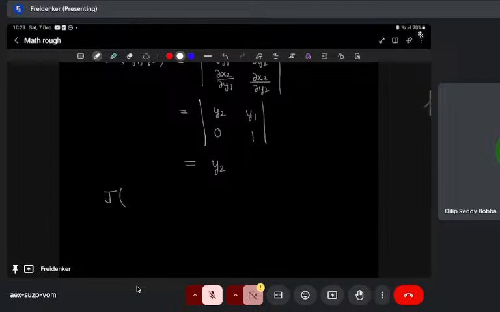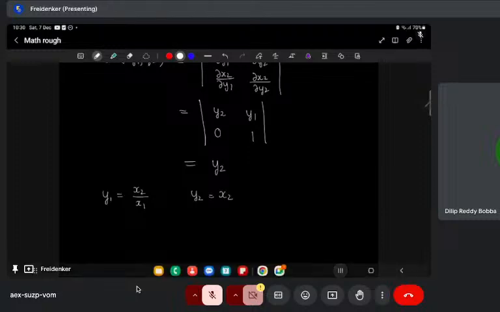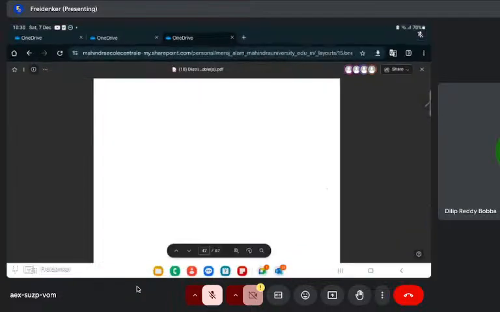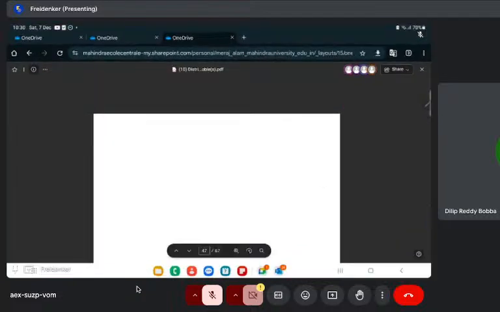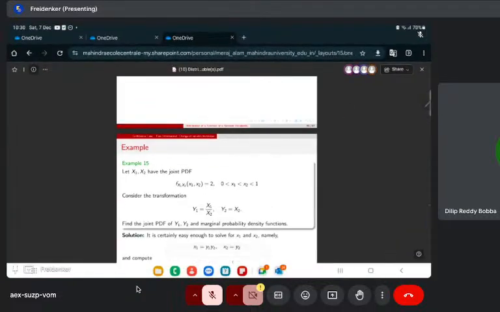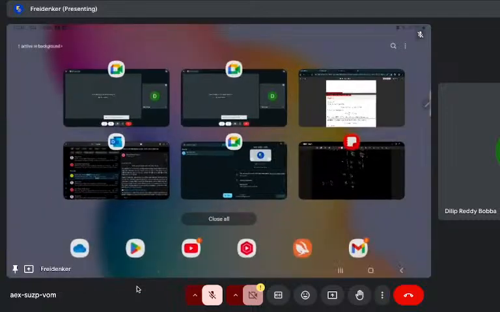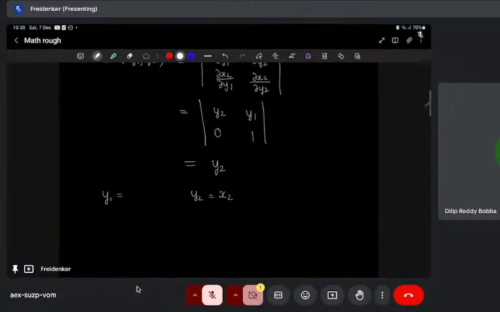So okay, we'll write. What do we have? We have y1 is equal to x1 by x2, and then we have y2 is equal to x2, right? I will do this Jacobian as well, and after doing this Jacobian, you'll probably understand which Jacobian I should find so that my calculation becomes simpler.